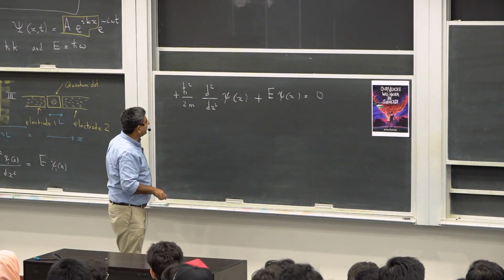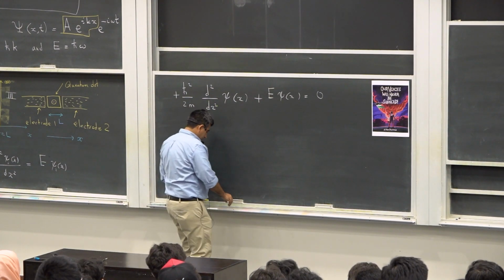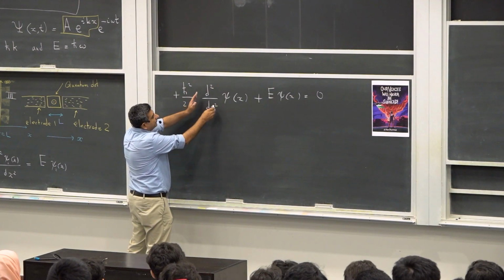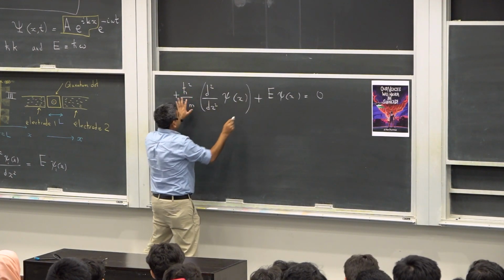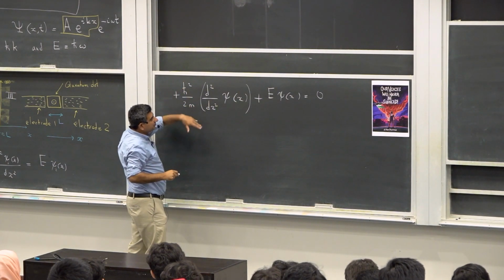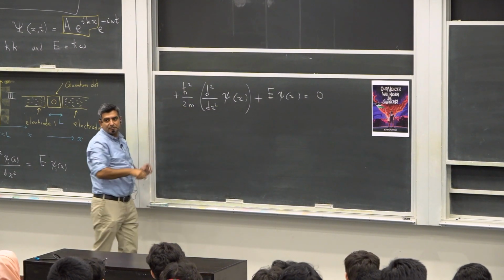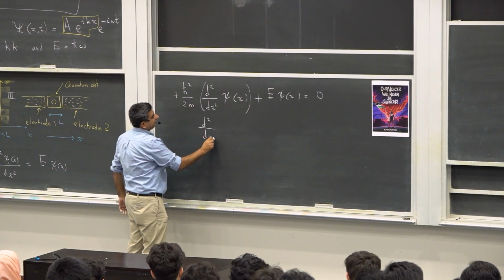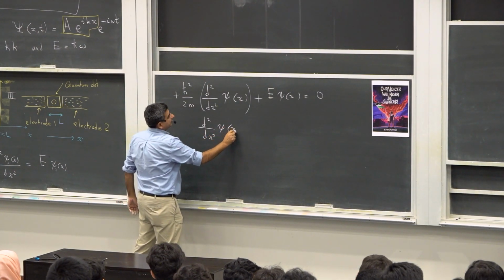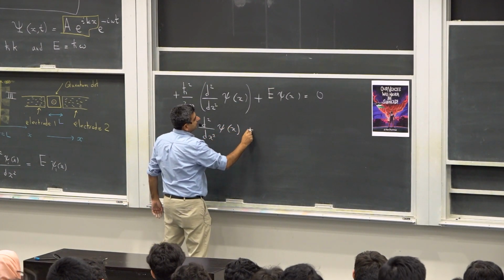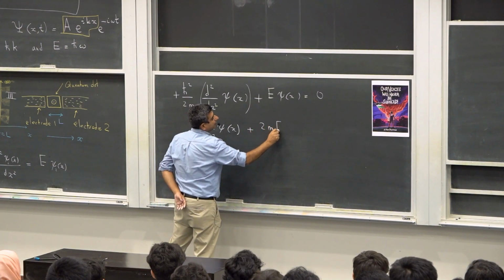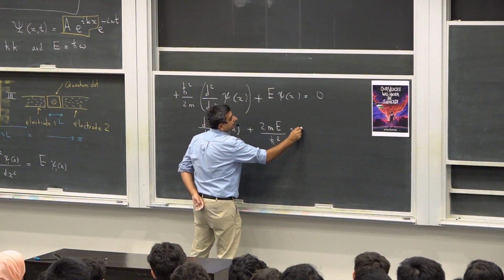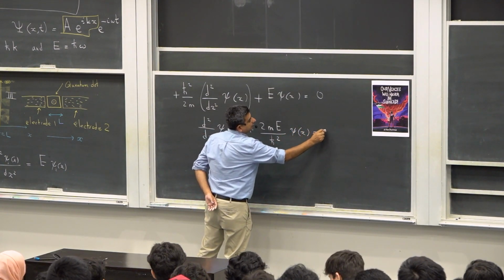In the first step, I make the coefficient of the second order derivative 1, which means I divide both sides by this factor. So I get d²/dx² ψ(x) plus 2mE over h bar square ψ(x) equals 0.